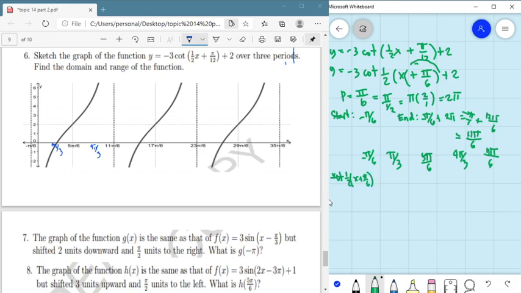Next, negative 3, then tangent of blank, then negative 3 cotangent of blank plus 2.